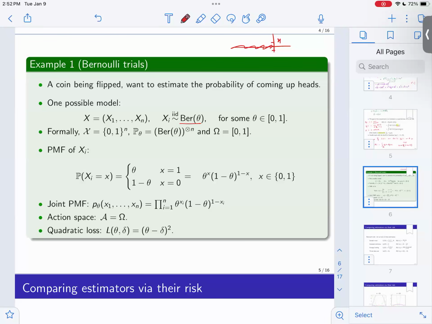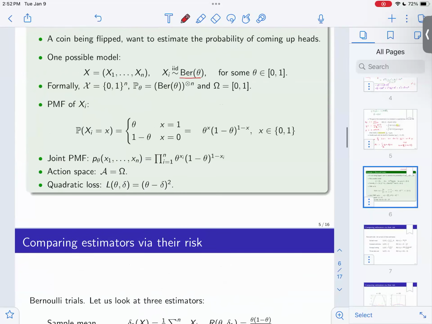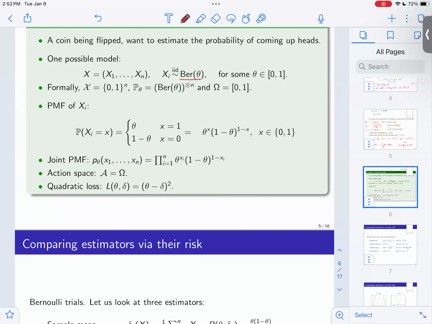So a binary variable has a very simple distribution. You just have to specify the probability that it's 0 and the probability that it's 1. Bernoulli theta means this random variable takes value 1 with probability theta, and value 0 with probability 1 minus theta. Bernoulli is just a general distribution of a binary variable. Theta is just the probability of being 1.